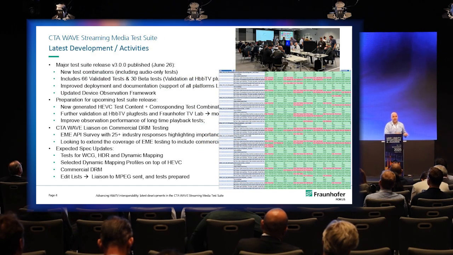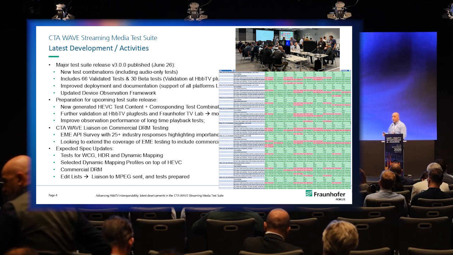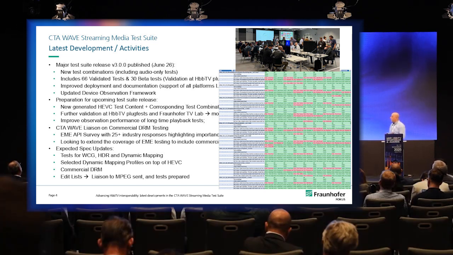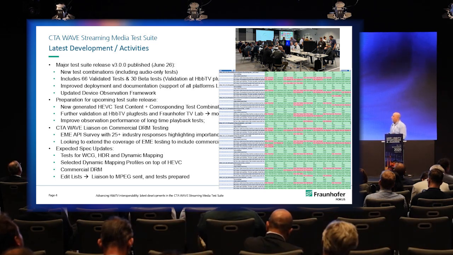This is just a recap, and I have one slide full of text, but this is what has happened since last year. I think last year, John talked about this in one of the presentations. We have had several opportunities to present the test suite, but this is a recap of what we did in the last year. First of all, we have a major test suite release, v3.0.0, which includes new tests, also a lot of audio-only tests.